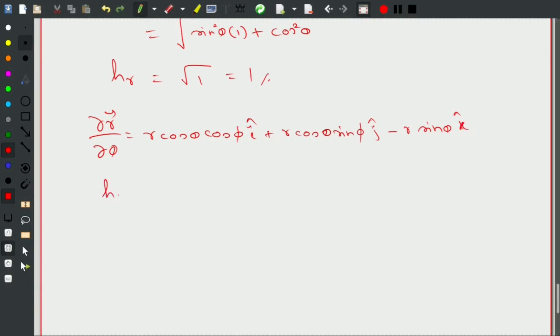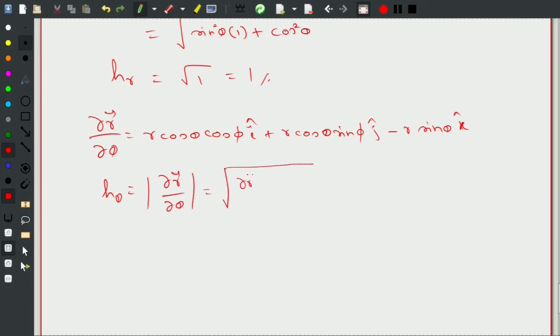Okay. So let's try to find our h_θ, the scaling factor. So this h_θ is nothing but the modulus of ∂r divided by ∂θ. So it is the root of ∂r divided by ∂θ dot with ∂r divided by ∂θ.